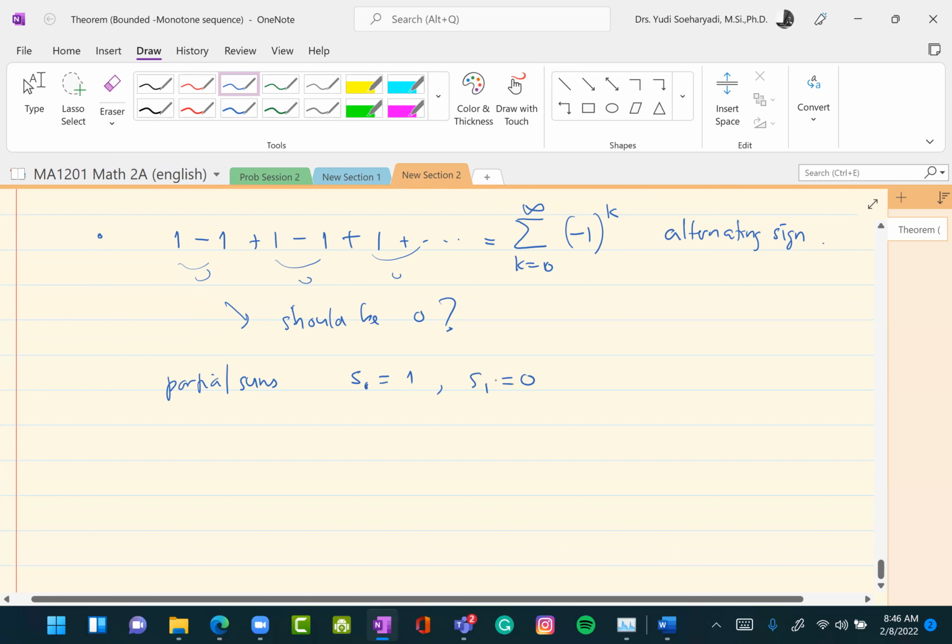Okay. All right. We have the test for divergence. So that's easy. We know that if the series is convergent, then the limit of an must be 0.